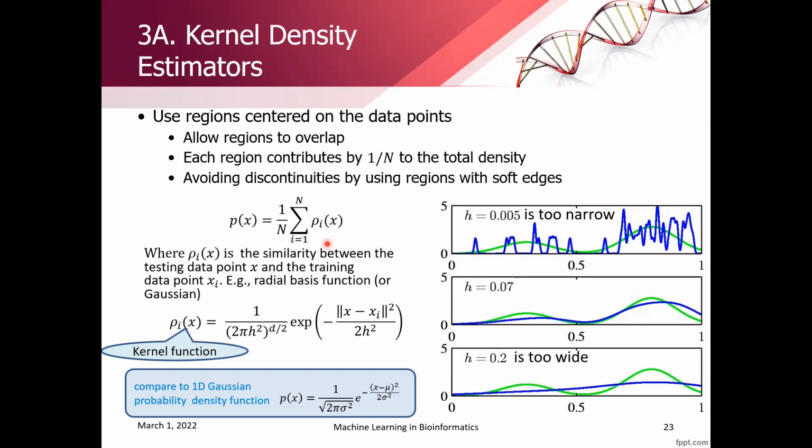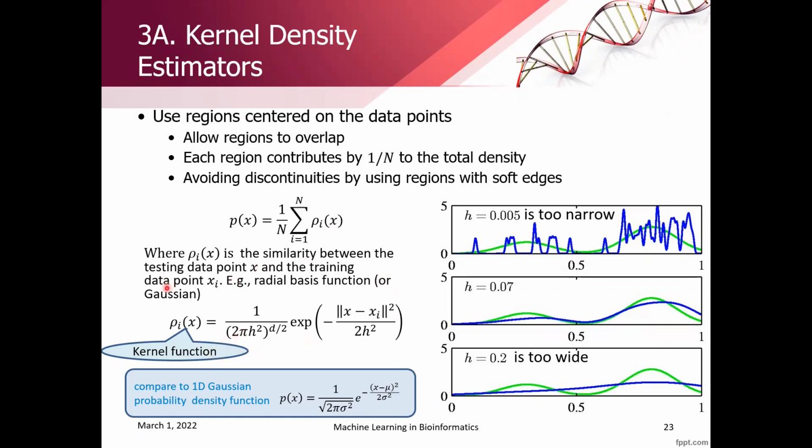So at this point we compute the sum of these kernel functions for all training patterns, or samples we have. And rho sub i, as is written here, uses the similarity between x and the ith sample point, and transforms it using some function.